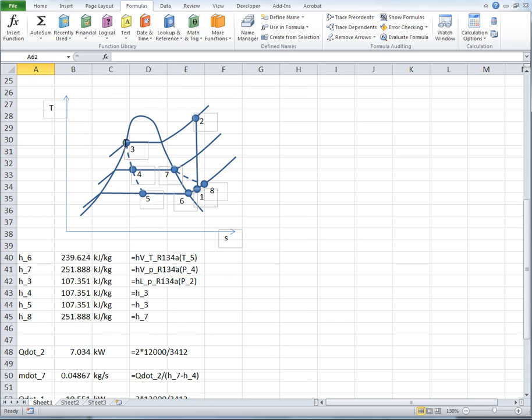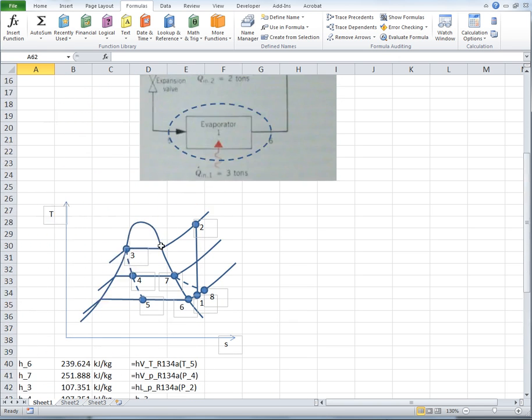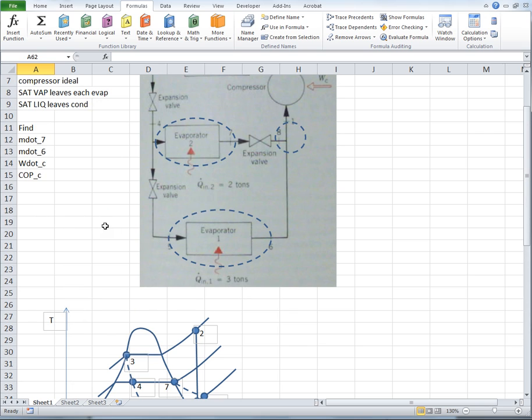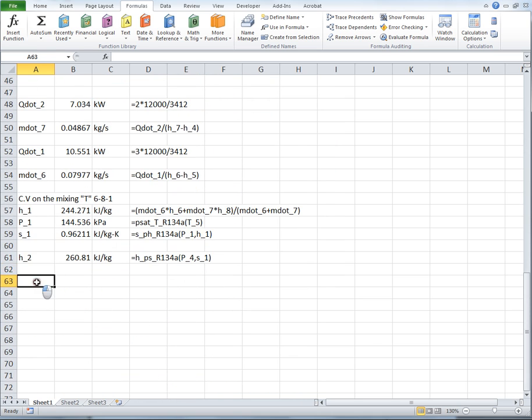Yes, because we know all the states now. We found states 3, 4, 1, and we've got 7, 8, 1. We know everything. So now we can start to answer the last of these questions, which is: what is the work required for the compressor? W dot for the compressor is just the enthalpy increase across there, H2 minus H1, but we have to multiply by the mass flow rate.